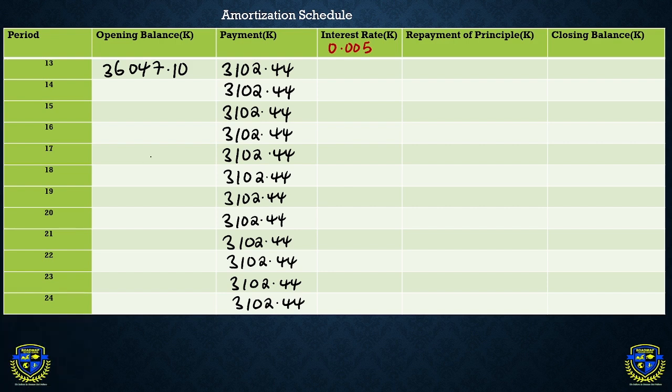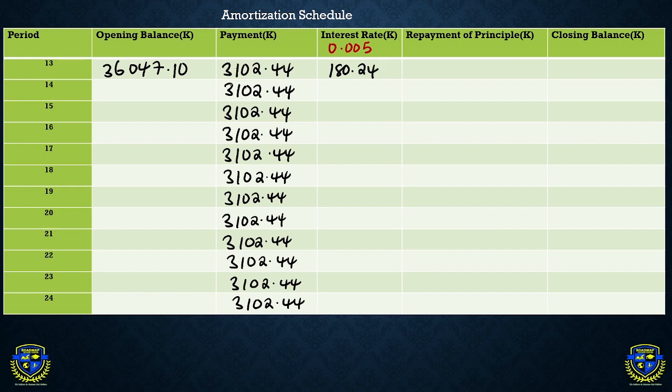So 0.005 of 36,047.10 is going to give us 180.24.